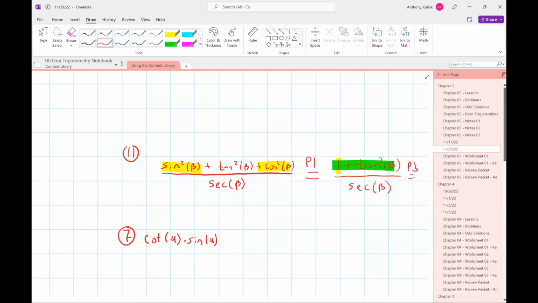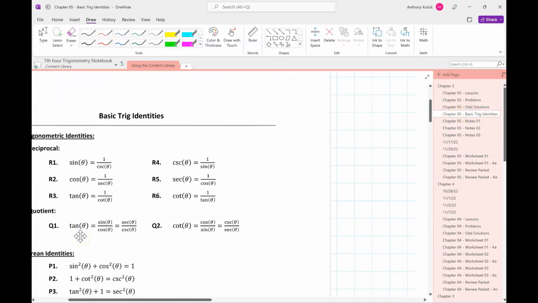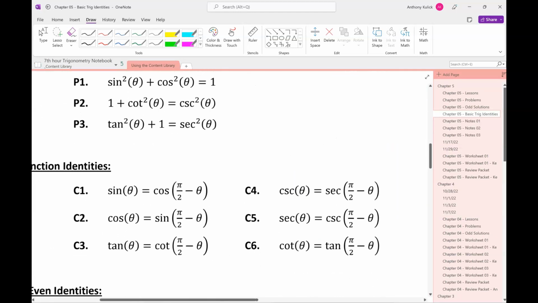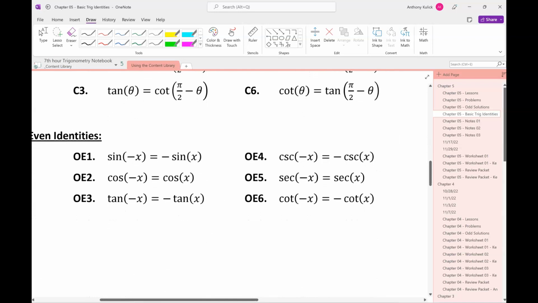Notice that these are all to the first power, right? Cotangent times sine. None of them are squared or anything, correct? So the identities I will be restricted to are just going to be the reciprocals and quotients, because the other ones are squared or they're not just x's, right?